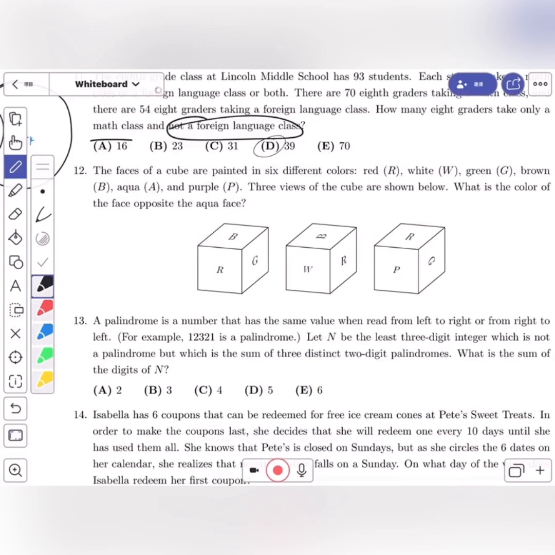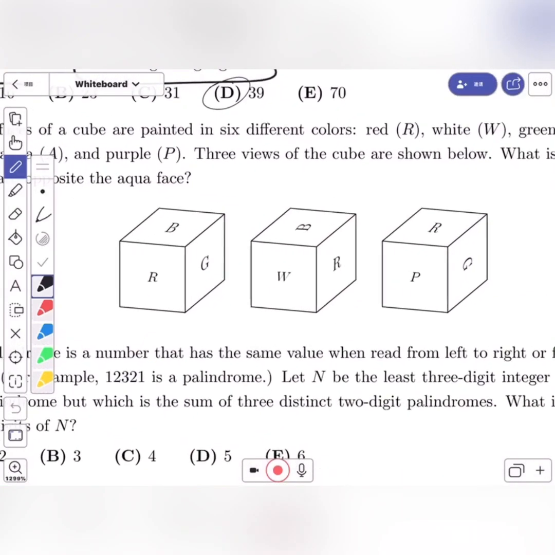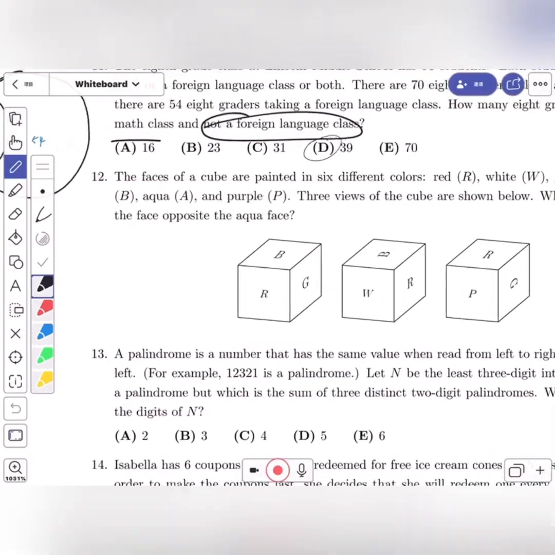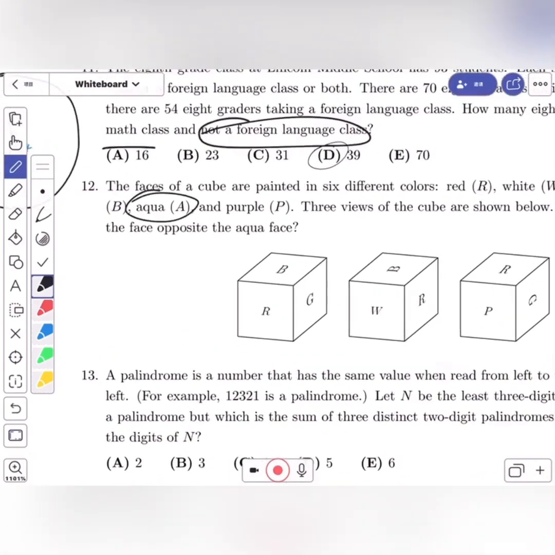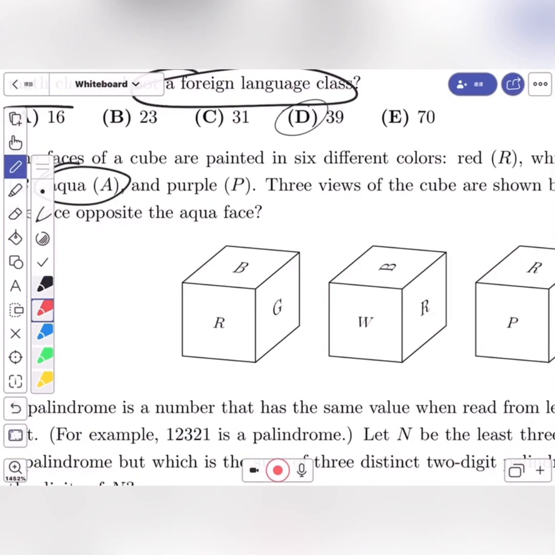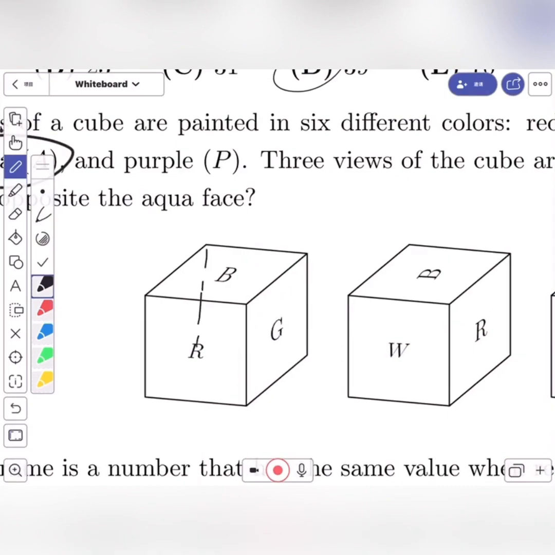Okay. So this kind of problem is kind of hard to describe. You just want to find patterns from here, right? First you have to know where aqua is going to be. So let's just draw some kind of line here.